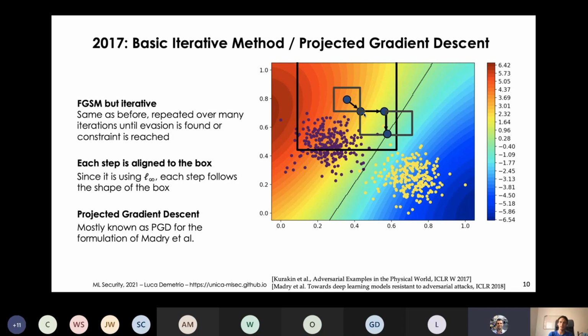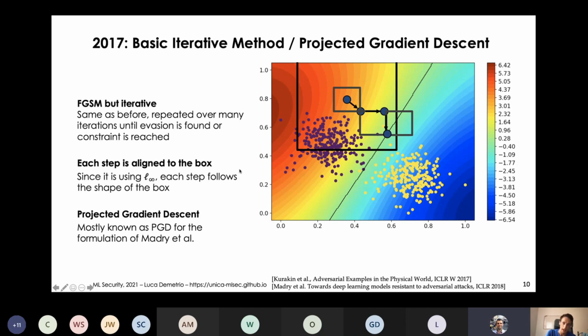Since here we have the infinity norm, what the attack does is this very strange straight path, because the infinity norm is a box, and since you move toward the maximum ascent, you for sure go to one of its corners, and then you keep repeating the process until you find either the boundary or the constraint, which is again an infinity norm constraint, so a box. So in this very toy example, after 3 steps, you find the other class.